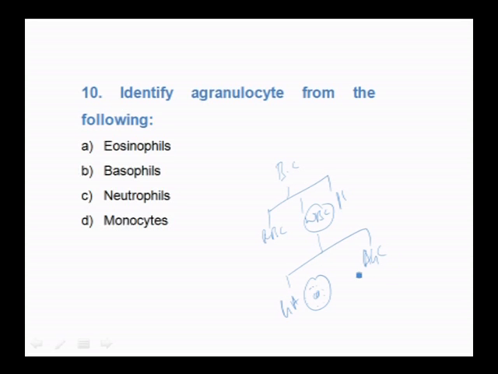Both help in the defense mechanism. Agranulocytes consist of monocytes and lymphocytes. Granulocytes are of three types: eosinophil, basophil and neutrophil. In agranulocytes, the cytoplasmic granules are absent. In this question, the agranulocyte is monocyte. So the answer for this question is option D.